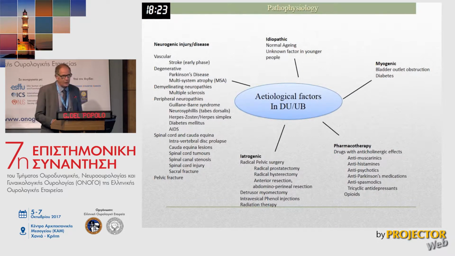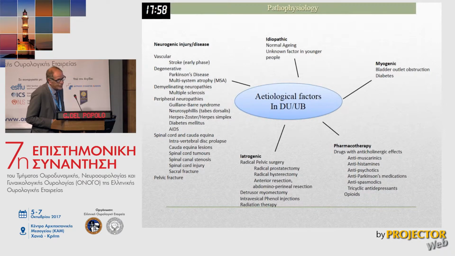So about etiology, we have neurologic injury, with different pathologies such as stroke and spinal cord lesions, particularly when sacral innervation is involved. But we also have idiopathic cases, and in this case usually we don't know the reason.